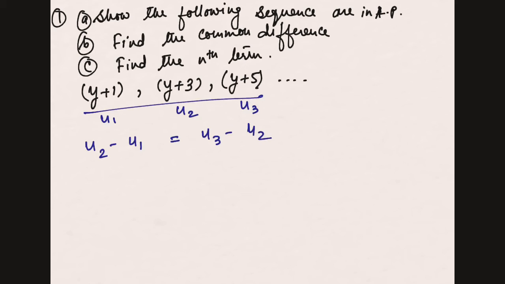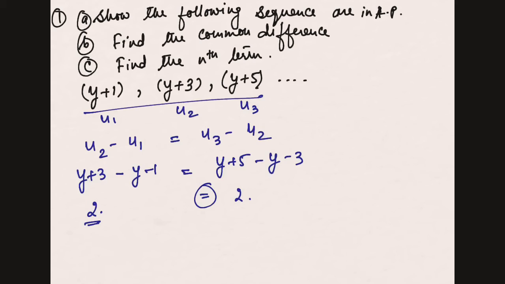Examining this, y plus 3 minus y minus 1 is coming as 2, and U3, y plus 5 minus y minus 3, is also coming as 2.